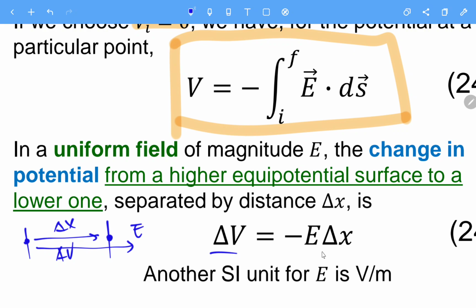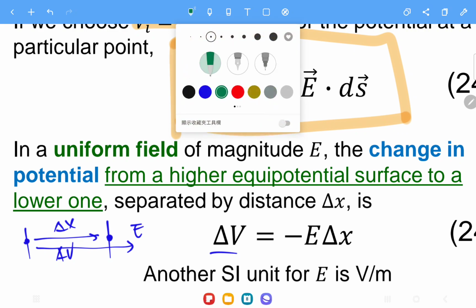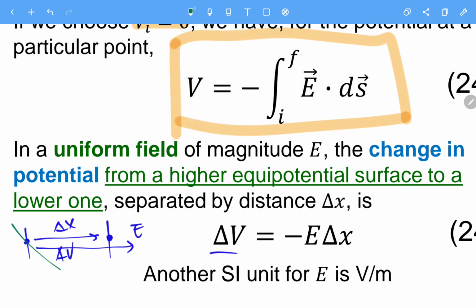And if E is not pointing to the right, but in another direction, then you should consider the projection. Then Ey shouldn't contribute to the delta V. Only the Ex will contribute.